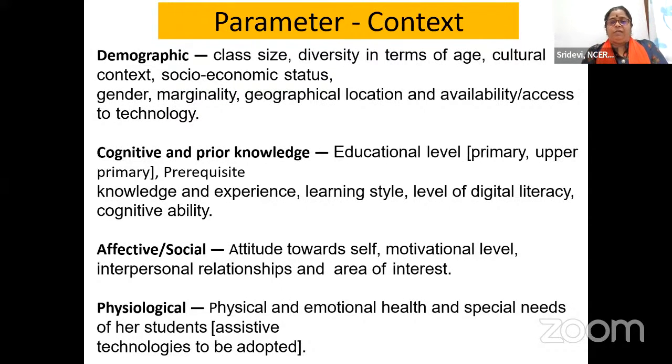Then physiological. When I say physiological, it means physical and emotional health, and if there are any children with special needs, then assistive technologies should be adopted. So we should think of various ways of engaging and involving every child of the class. So this is the actual picture of context.